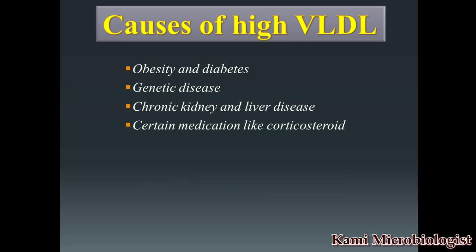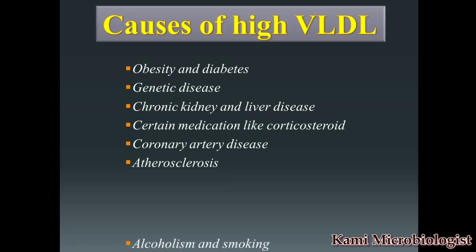High VLDL is also caused by corticosteroid medicine or drugs. High VLDL can cause coronary artery disease, and it can also cause atherosclerosis, meaning the deposition of fats and cholesterol in the vessels, due to which the vessels become thin and the blood flow is very less, or we can say blood pressure gets high.